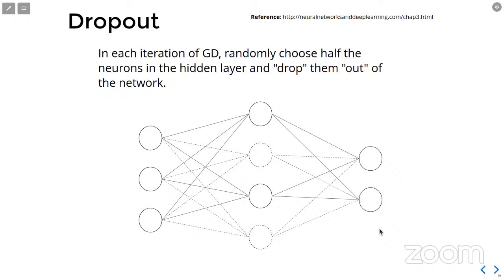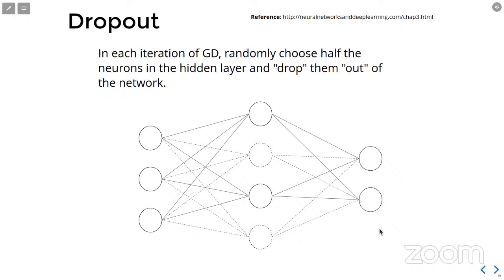So does anyone see why this method is going to work, or what is the use of doing something like this? Your parameters will decrease, but I mean, if 39,000 we take half of them, then it's still quite a huge number. True.